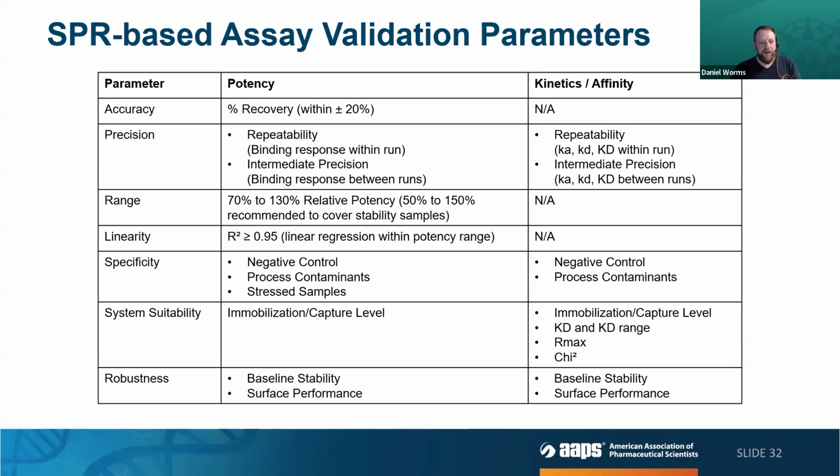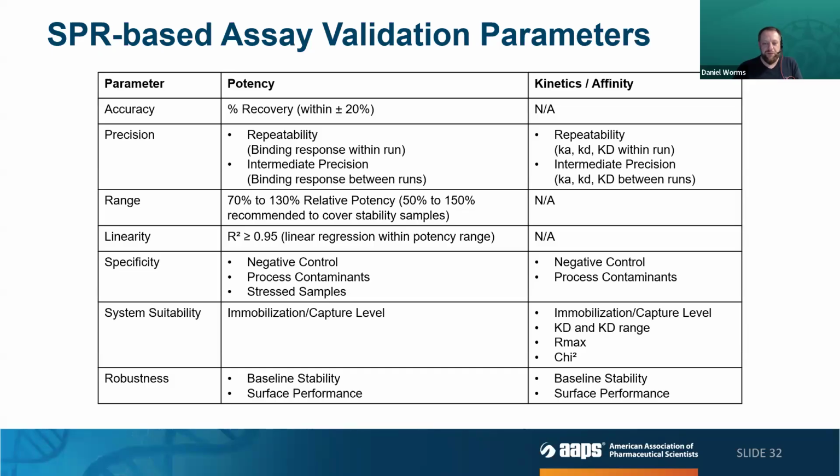And instead, additional system suitability parameters will be assessed. So apart from the immobilization and capture level that is applicable to both, also the KD and the KD range will be assessed. The so-called Rmax value, which is the theoretical maximum binding, and the chi-square value, which is a measure of closeness of the fit with the experimental data.